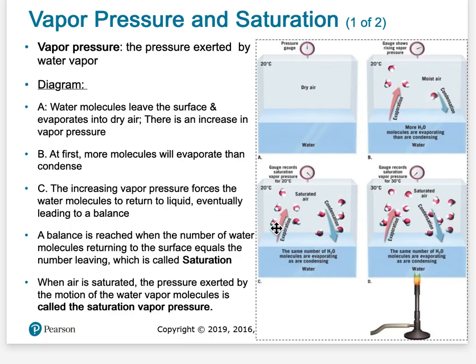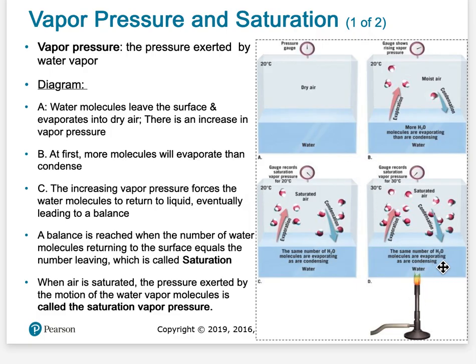So this is known as saturated air because we have a balance between the number of molecules escaping and returning, which is the definition of saturation. And then here in this diagram, we see that the temperature increased from 20 degrees Celsius to 30 degrees Celsius.